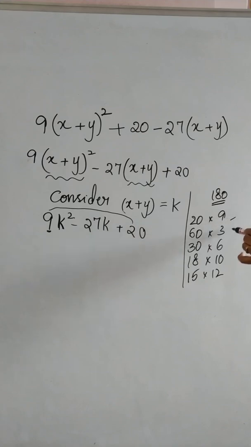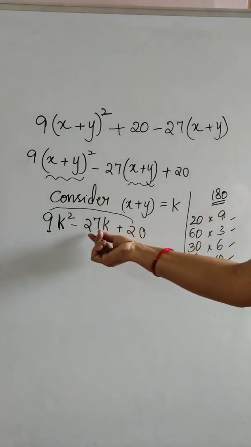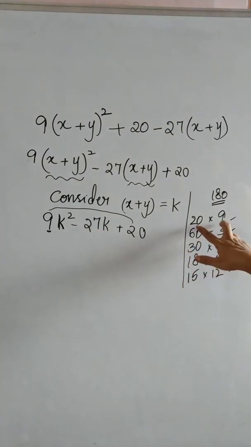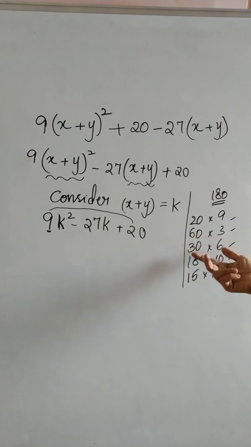Out of these many factors, we'll consider the factors which fit this problem. That means if you take any two factors and add them, we should get the middle number. That is 20 plus 9, 29, we will be getting here. Here it is 27, so we cannot consider 20 and 9 as the factors. The same is the case with 60 and 3, and 30 and 6. So suppose we take 15 and 12. 15 plus 12 is 27.